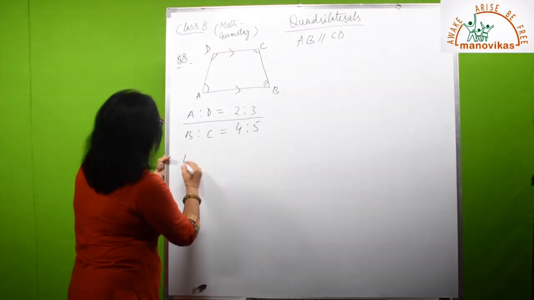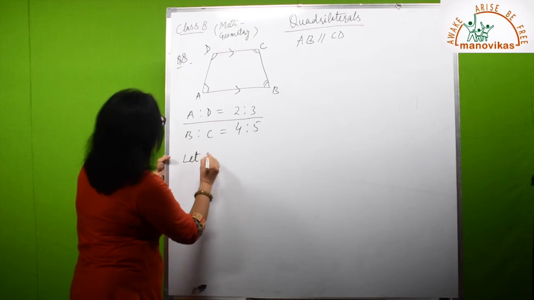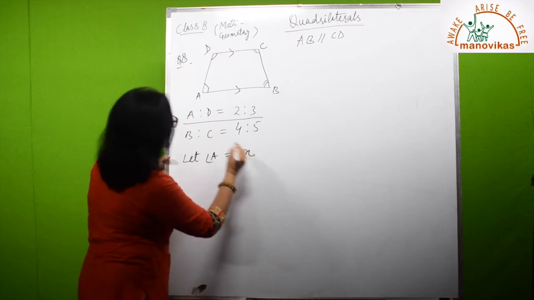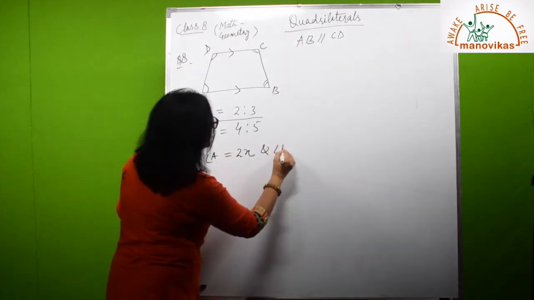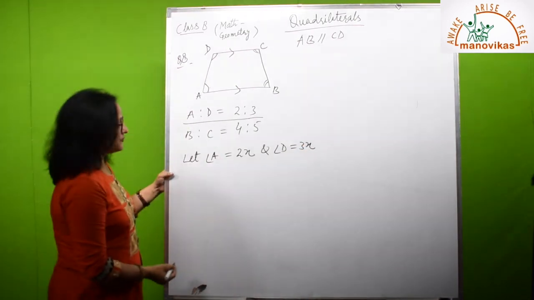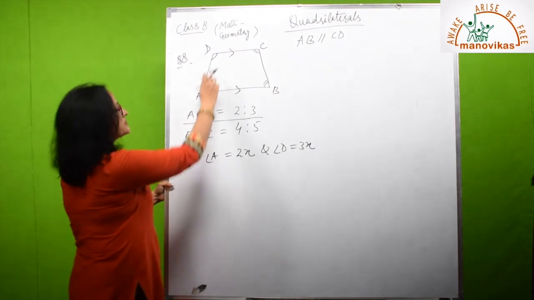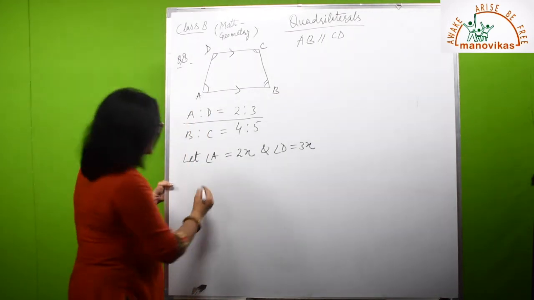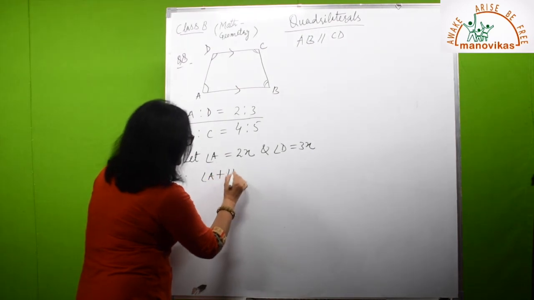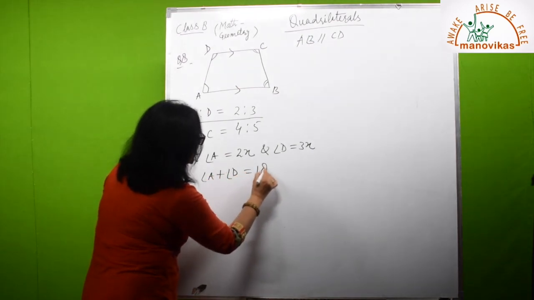So first we assume that the angles A and D in variable form are: let angle A is equal to 2x and angle D is equal to 3x. We take this variable form of A and D. Now we will use the result of A and D. Since angle A plus angle D is equal to 180 degrees.